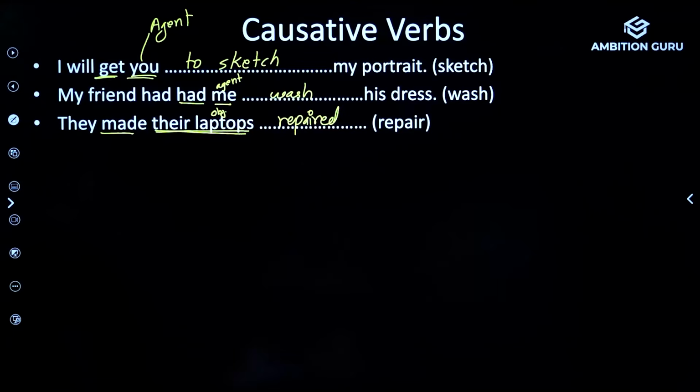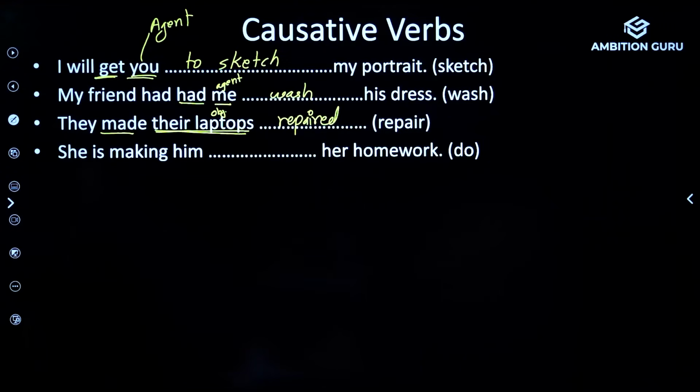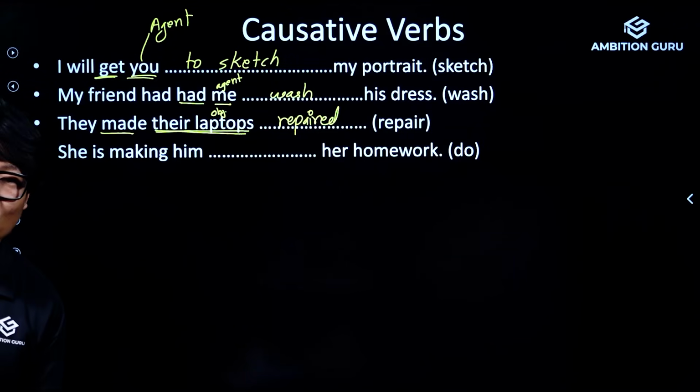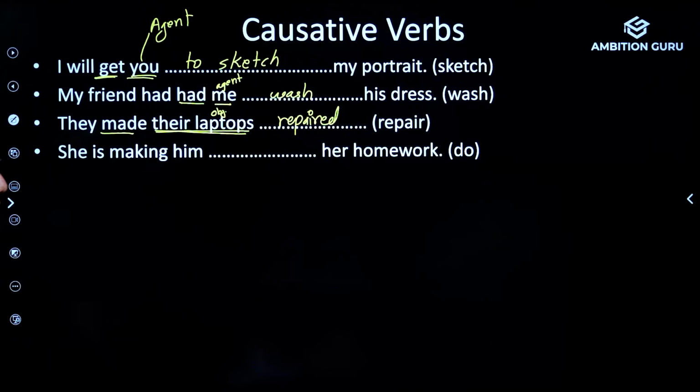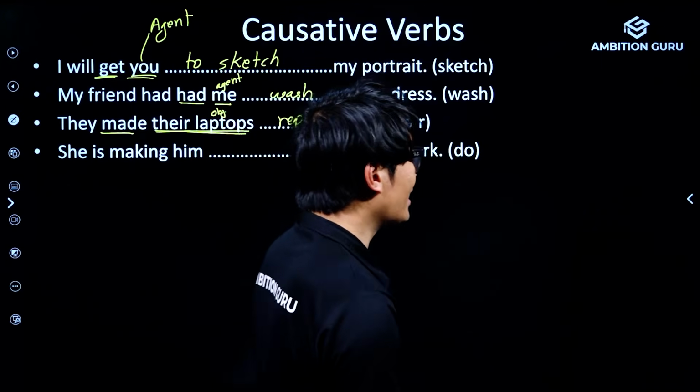Neha? Okay. Next question. She is making him her homework. This question is asked for 0.5 marks, and this is absolutely so important because if you get 67 only, you don't get A plus.